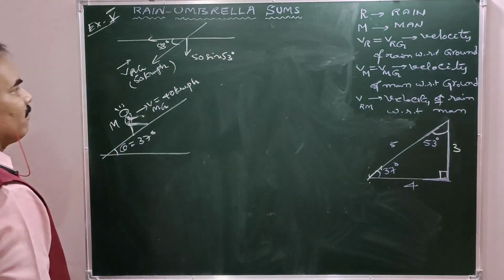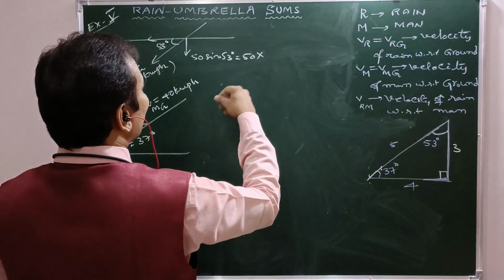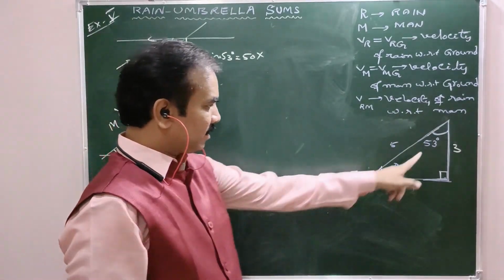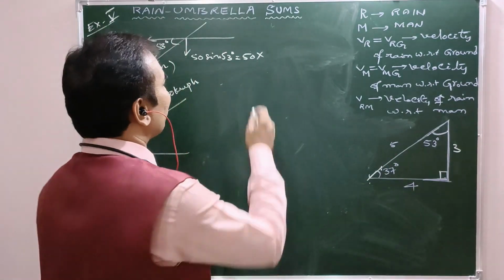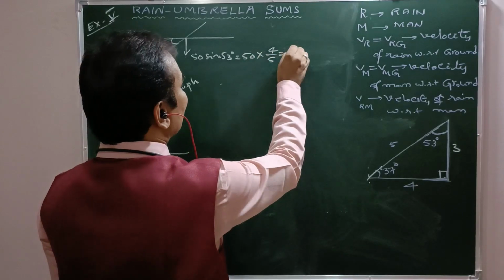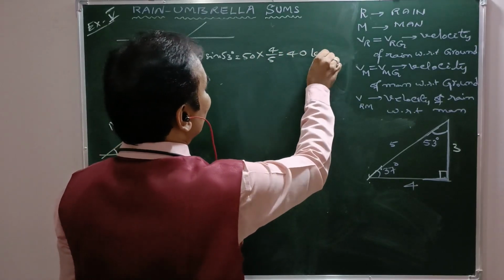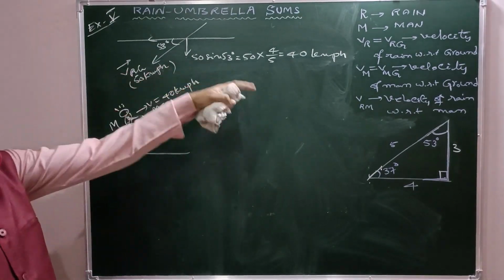Sine 53 is opposite side by hypotenuse, that is 4 by 5. So 50 into 4 by 5 is 40 kmph. Right? So the vertical component of VRG is 40 kmph.